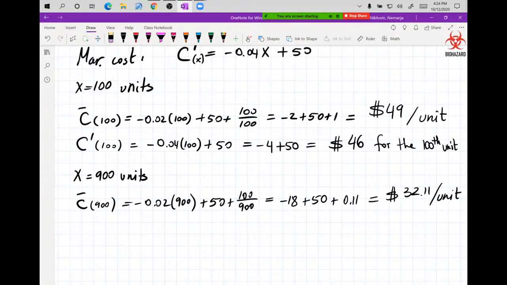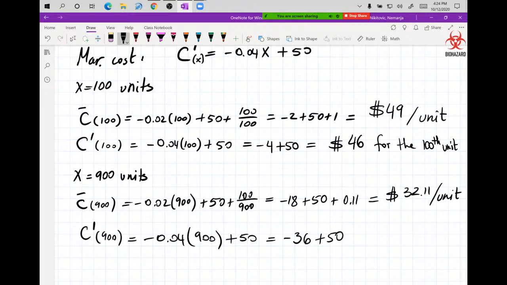And I'll give you another example very quickly. Marginal cost at 900 units. This will calculate the cost to make the 900th unit. 0.04 times 900 plus 50 is equal to, and this is a negative 36, right? 9 times 4, 36, good.